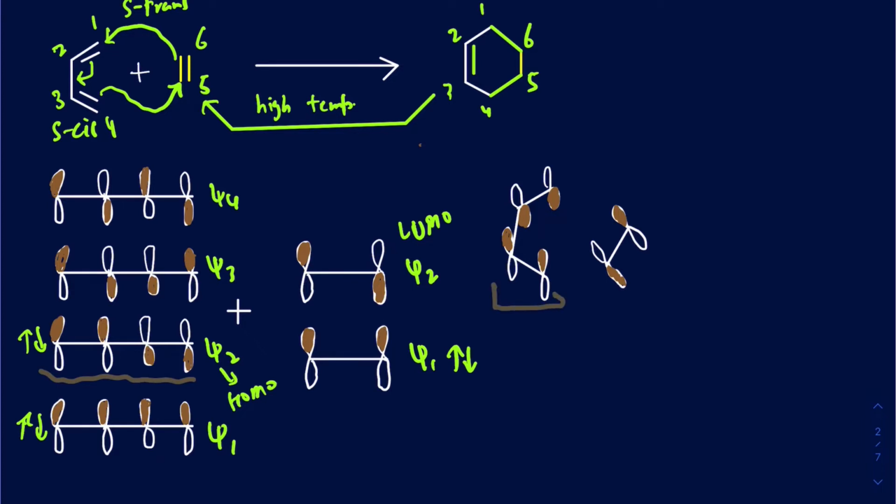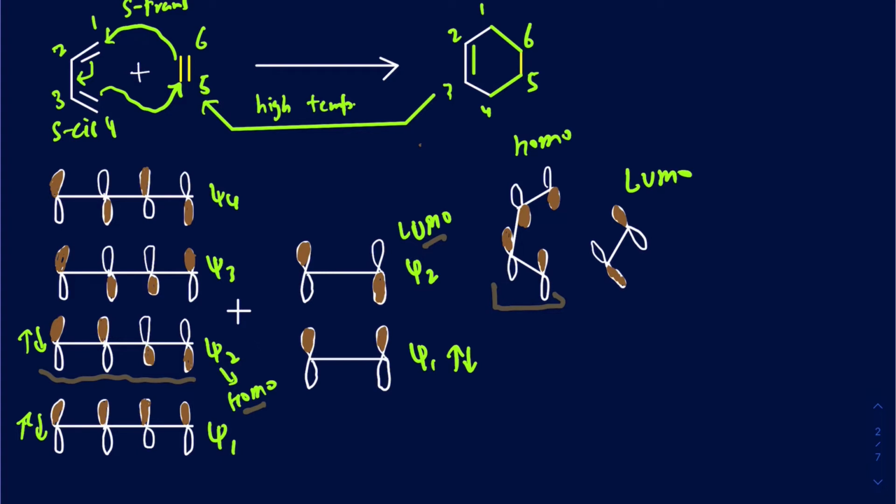So that's your psi 2. There should be an electron transfer from the HOMO of one molecule to the LUMO of the other molecule for this to take place. So when I arrange it this way, this is going to be the LUMO of your dienophile, and this is the HOMO of your diene.